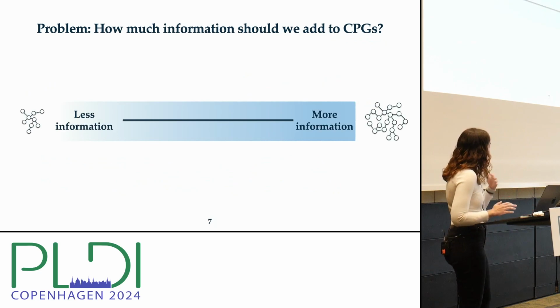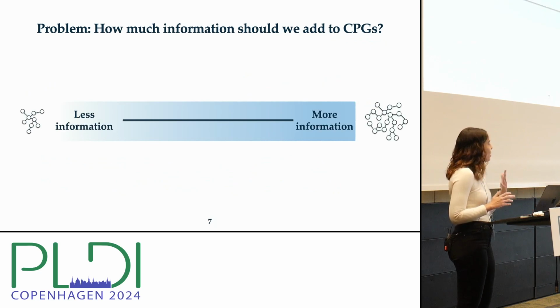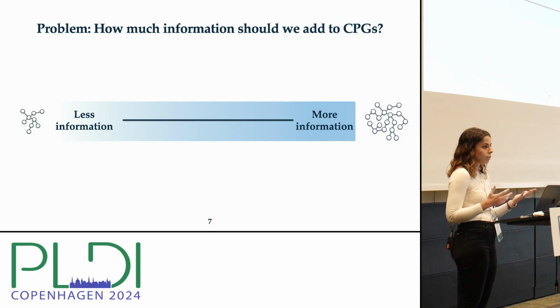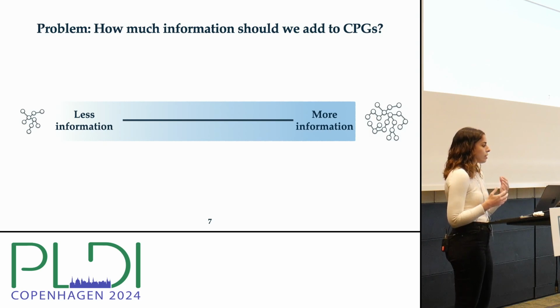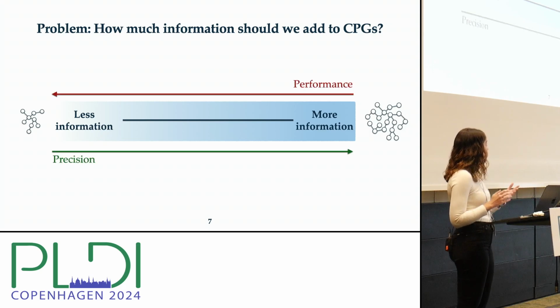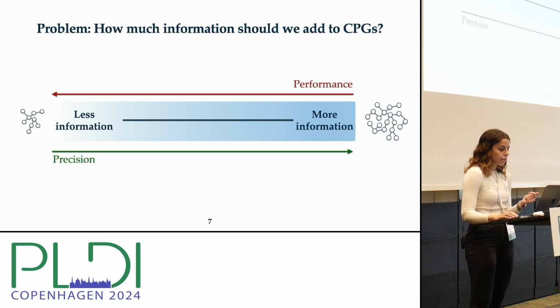Even with the advances in CPGs, a fundamental challenge that remains is deciding how much information we should add to them so that the definition and the identification of these patterns is straightforward and precise. On the one hand, with more information, we have richer graphs, which allow for more precise vulnerability patterns.